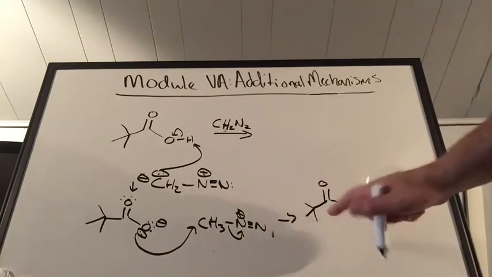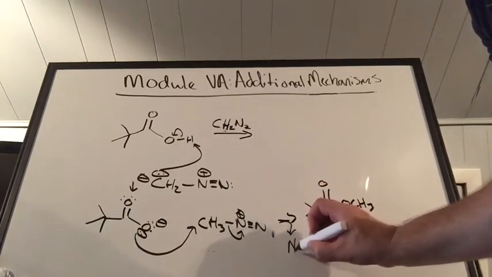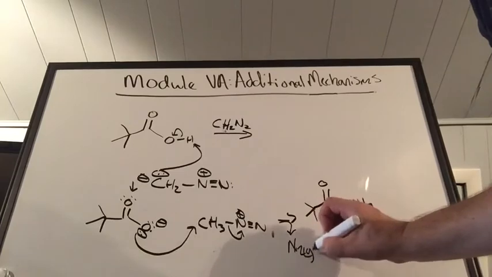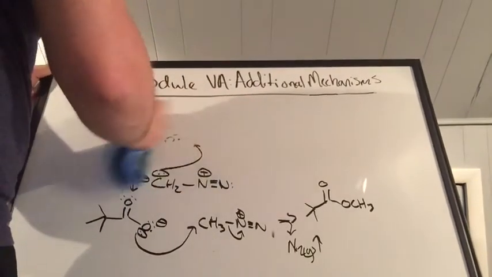This is going to be irreversible because, again, you're going to be forming N2 gas. And that's going to go up. Okay. So that is methylation of a carboxylic acid irreversibly. Okay, so next thing we're going to speak about is ethers. So symmetric and asymmetric.